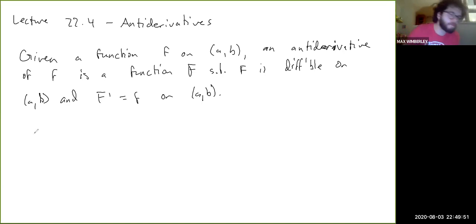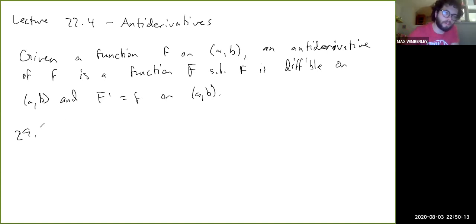Although don't take this as a really rigid definition, because this definition isn't even given in the book anyway. I'm just using it here to illustrate how you can build a language around antiderivatives that doesn't involve integrals, right?